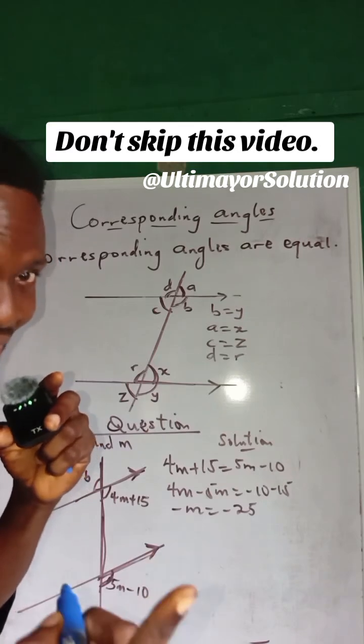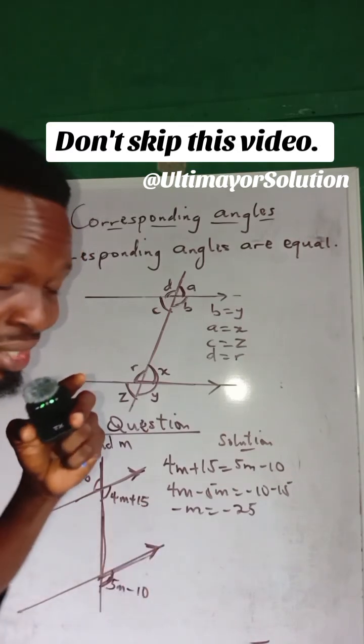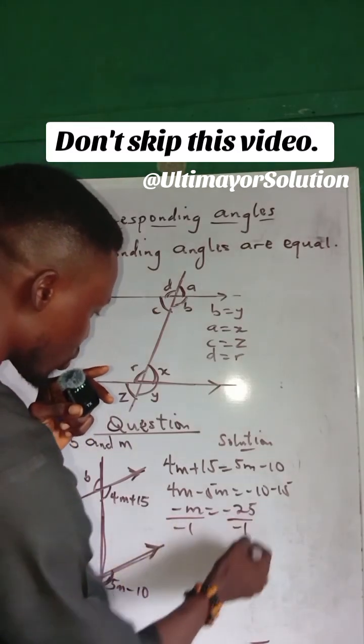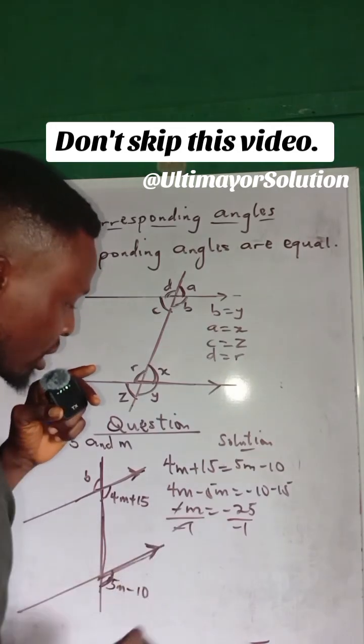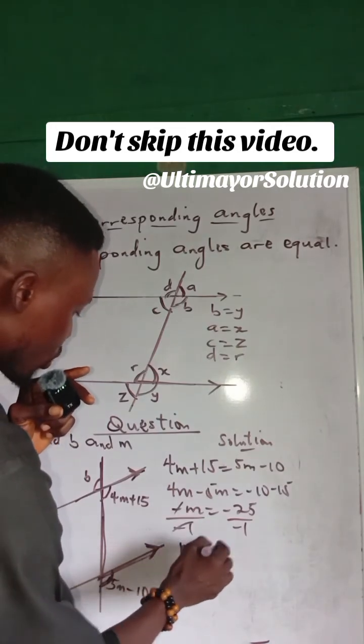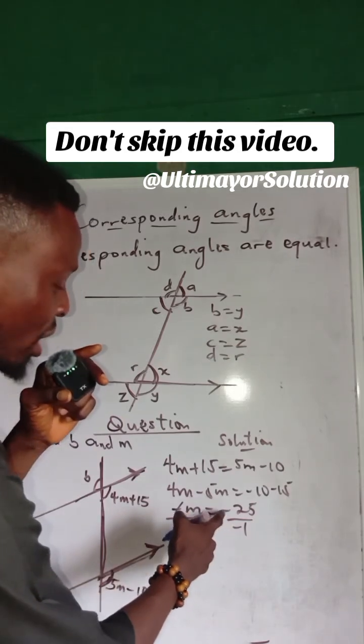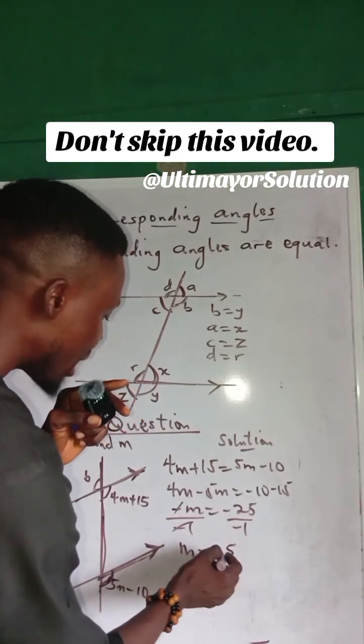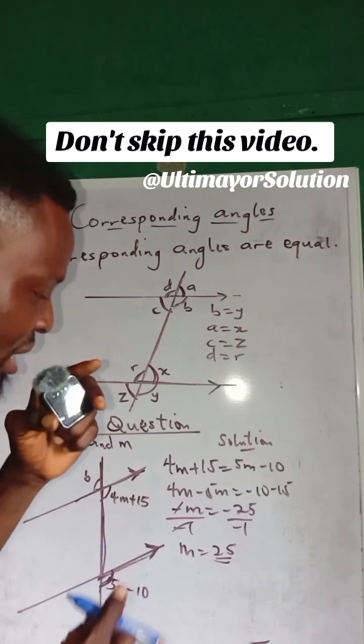Divide both sides by minus 1, because we don't want to see this negative. We must see positive there. So divide both sides by minus 1. This minus cancels this minus. So M is equal to, remember when we have minus over minus, that is plus, 25. So the value of M is 25.